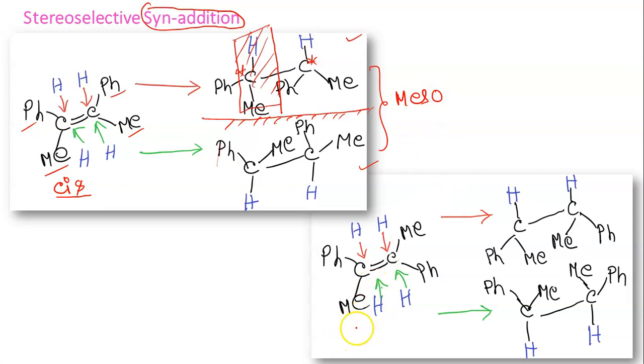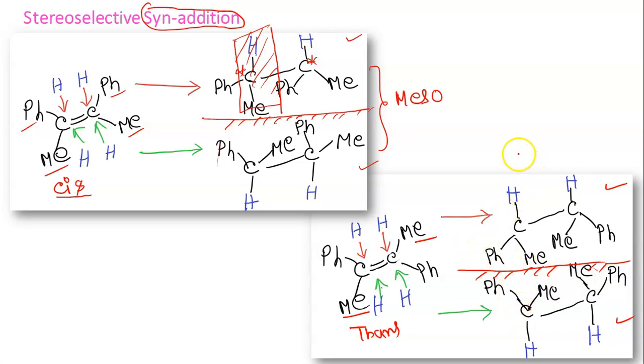And if we have started from trans, because now the same groups are on the opposite side, after the reaction both the hydrogens may be added from above, following the red arrow, or from below, the green arrow. Both are possible. These two molecules that we are getting, again if we place a mirror here, you will see these two are mirror images of each other.